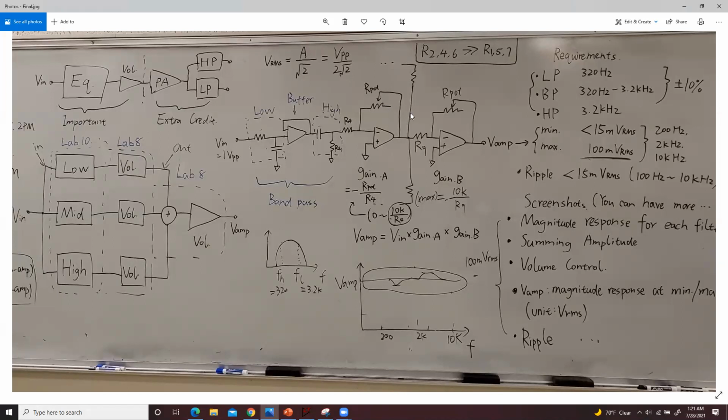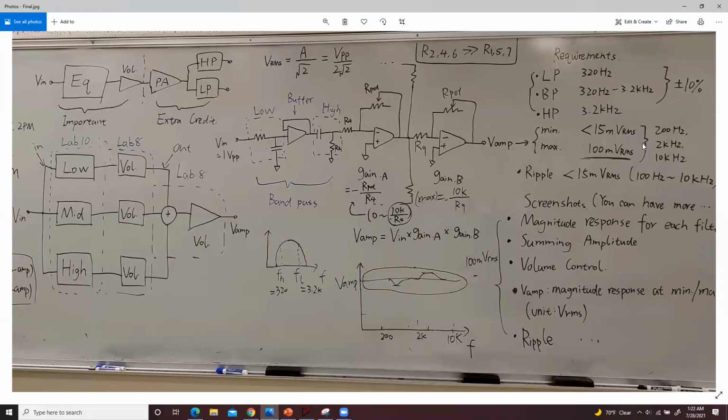When you tune the potentiometer to minimum, you should have the output smaller than 15 mV RMS. When you tune all the potentiometers to maximum, you should have the output at 100 mV RMS. Those values are based on the input being 1 volt VPP.